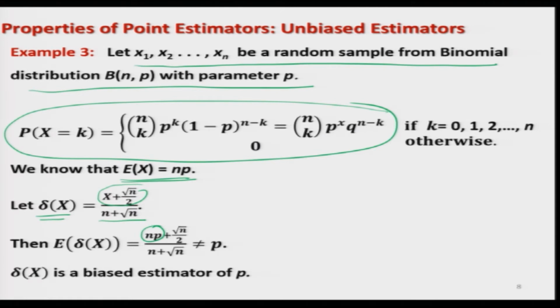Whatever you do, you cannot say that in general this quantity is equal to p. So, in general I can say that this estimator delta(x) that you have considered here is a biased estimator of p.